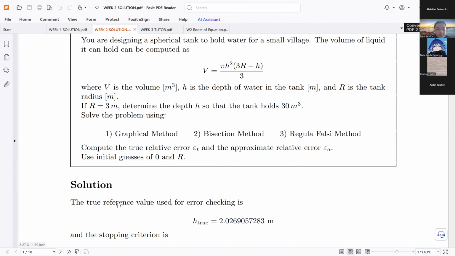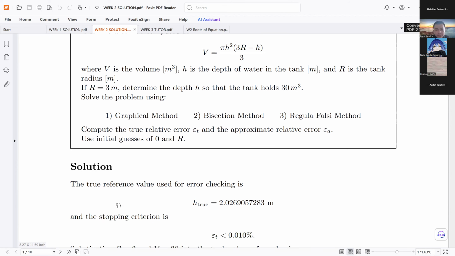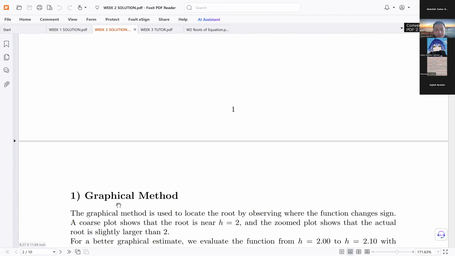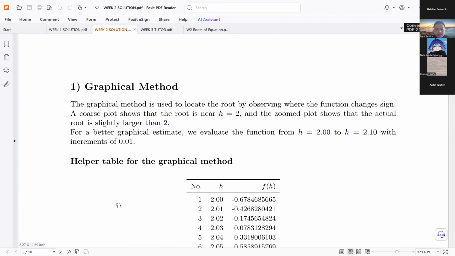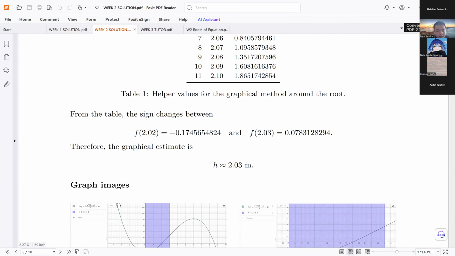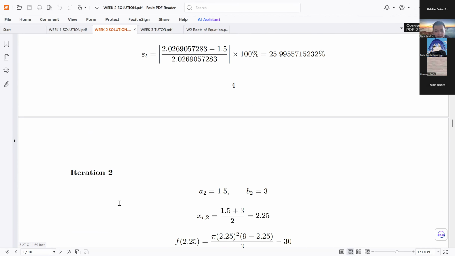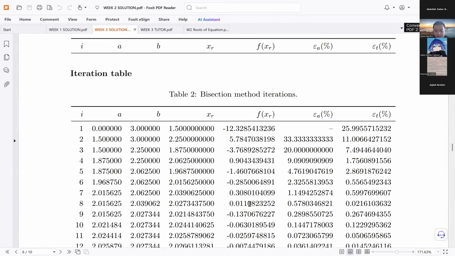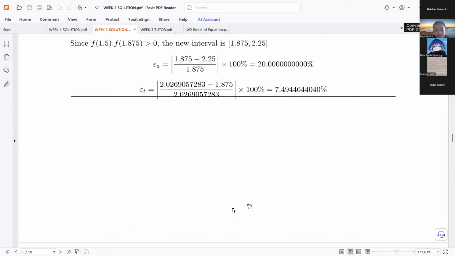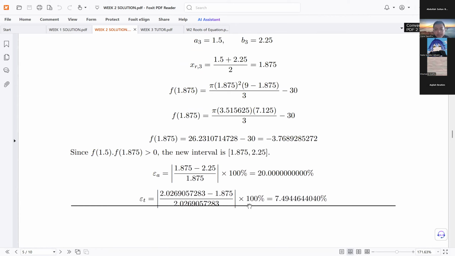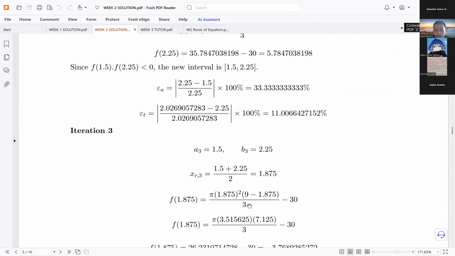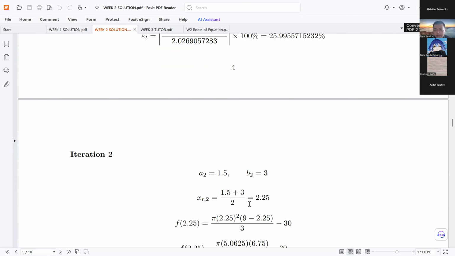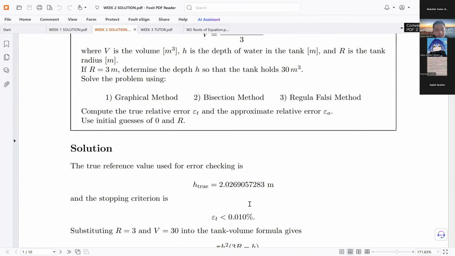It's okay if you do 40 iterations, but for this bisection method the relative error is still big. If you just use 4 or 5 iterations, it's easier if you define the stopping criteria. Okay, any questions?